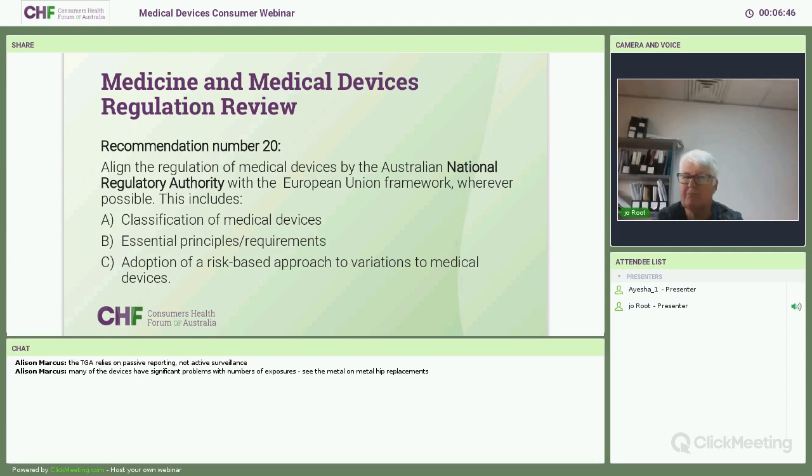I think it's true to say that the government put out its review on this some time ago and accepted many of the recommendations of the review.